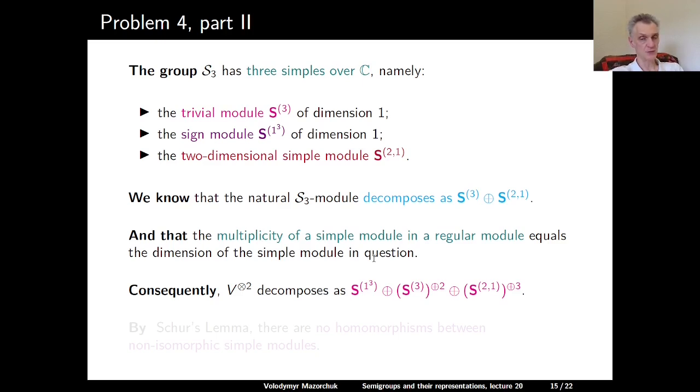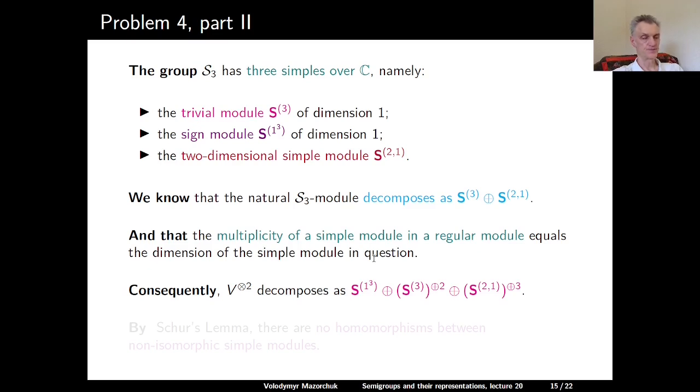It's a part of the regular part. Then we have the trivial module with multiplicity 2, one from the regular part and one from the diagonal part. And we have the Specht module for 2,1 with multiplicity 3, twice from the regular part and once from the diagonal part.